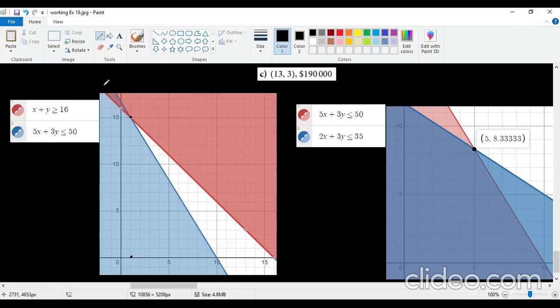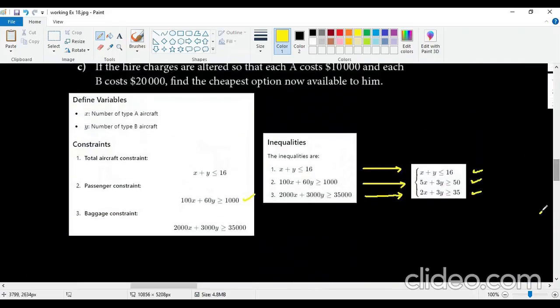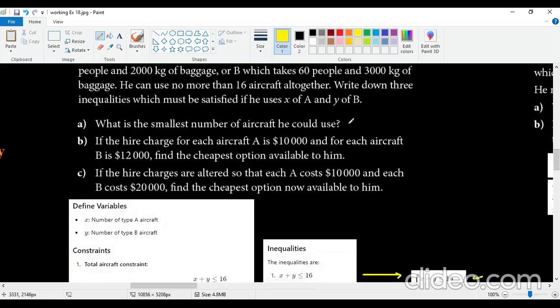So 1 and 15 is going to be your answer. That means the answer for the first question is going to be 16 aircraft. So you can write over here 16 aircraft: one for the A type and for the B type 15. These are the two types of airplanes and the number of aircraft.